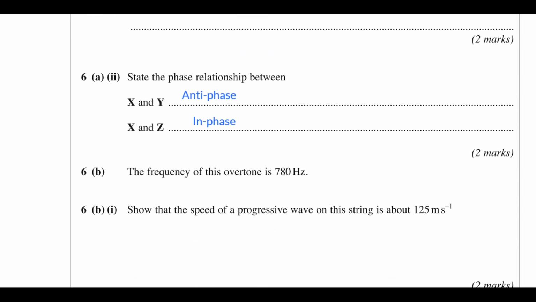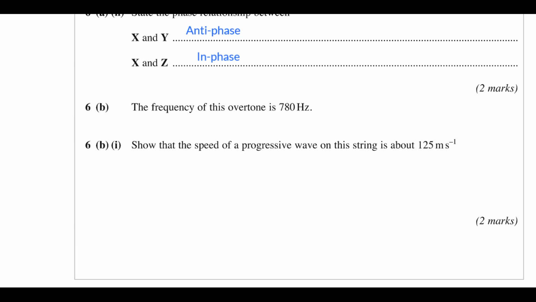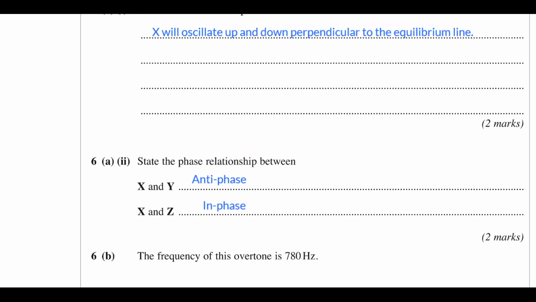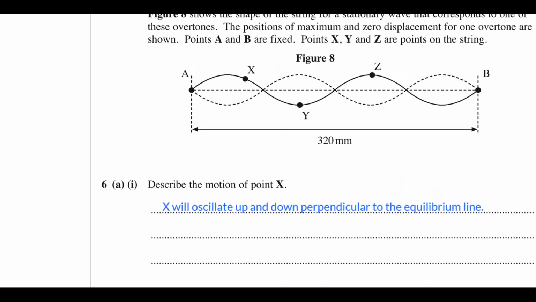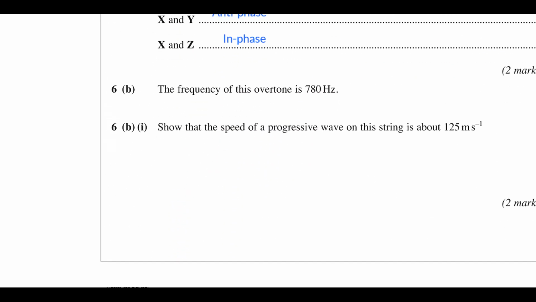Okay, so the frequency of this overtone is 780 Hertz. Show that the speed of a progressive wave on the string is about 125. So we need the wavelength. We know two wavelengths is 320 millimeters, so one wavelength is 160. Speed is frequency times wavelength. So we've got the frequency here, 780, and the wavelength is 160, but it's in millimeters.